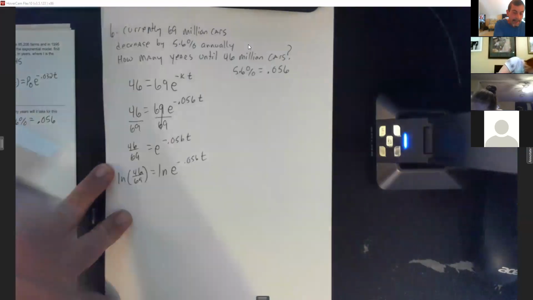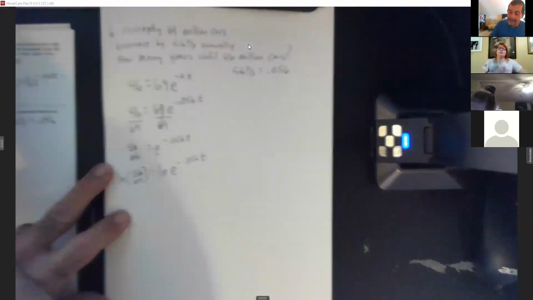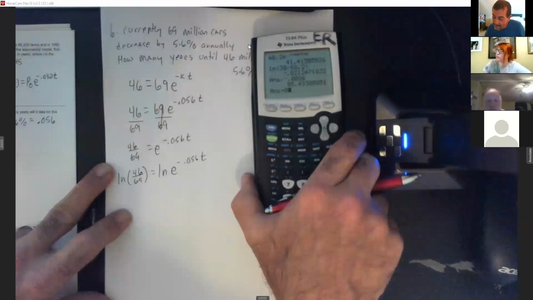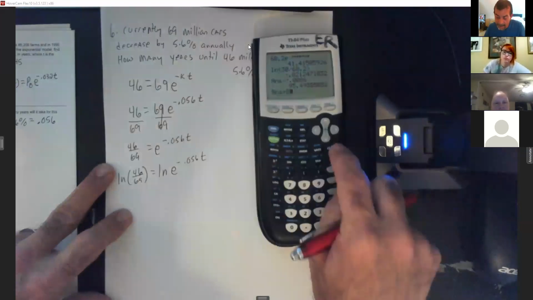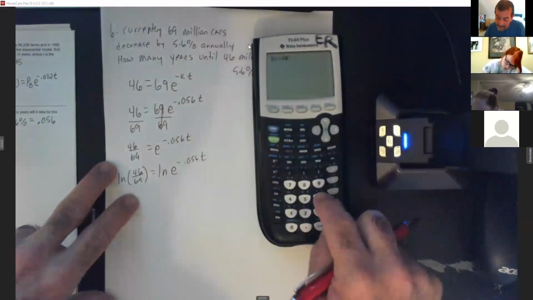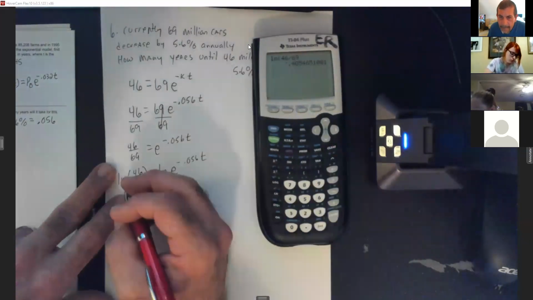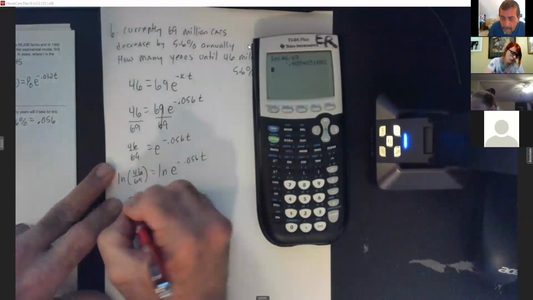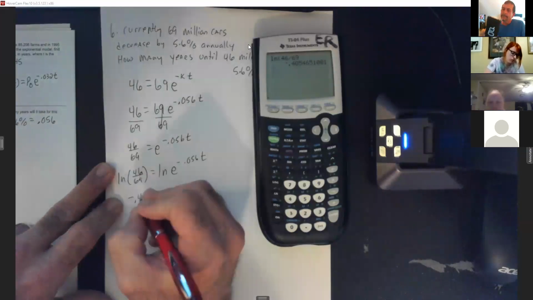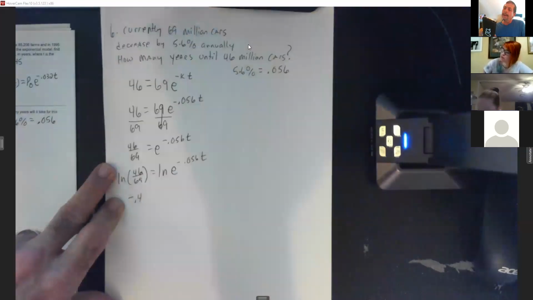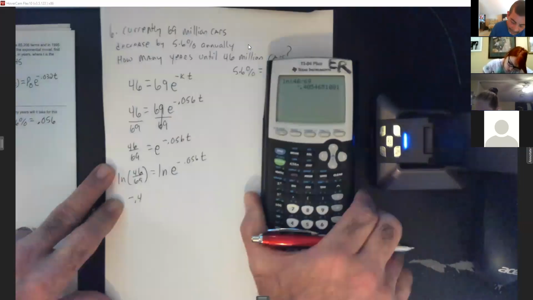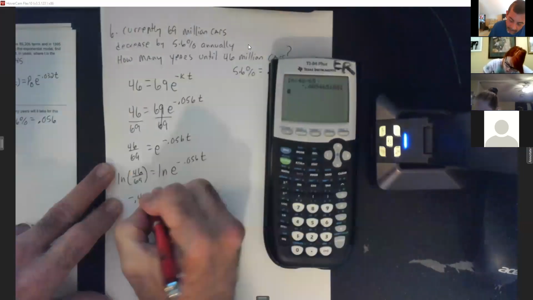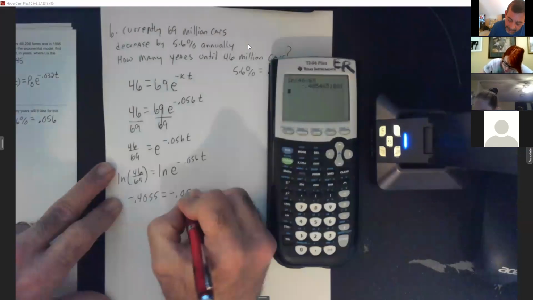That's going to give me a number on the left side. So let me see what the ln of 46 divided by 69 equals. I'm getting a negative 0.4055 equal to my negative 0.056 t.